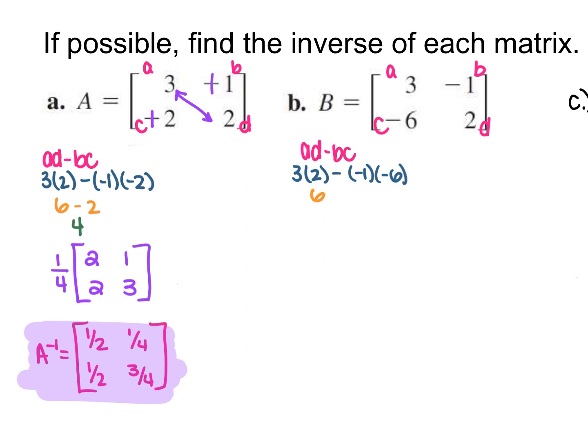Your 3 times 2 is 6. -1 times -6 is +6. 6 minus 6 is 0. When we take the reciprocal of 0, it's going to be 1/0. Anytime you have 0 in the denominator, it's undefined. So that means that there is no inverse.